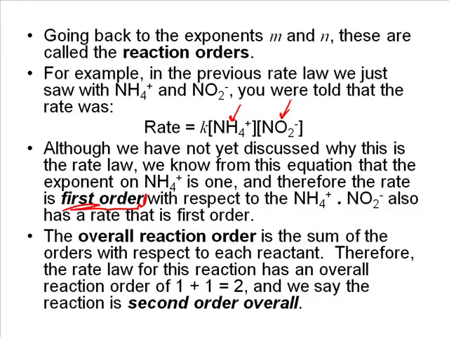The overall reaction order is a first order plus a first order makes it a second order reaction overall. So individually, it's first order with respect to NH4 plus and first order with respect to NO2 minus, but overall it is second order because first order plus first order equals second order.